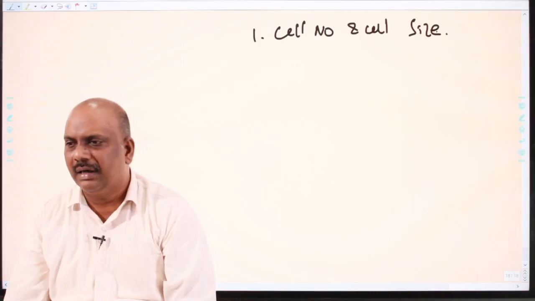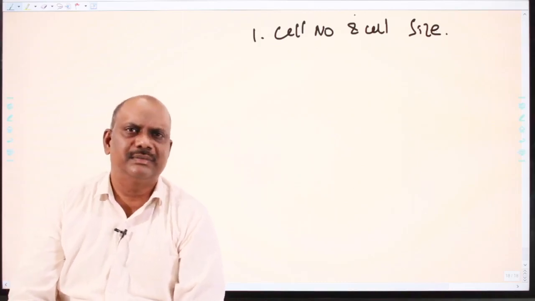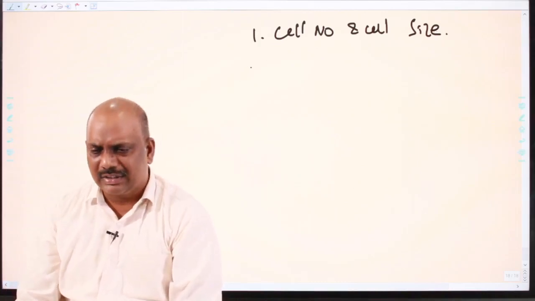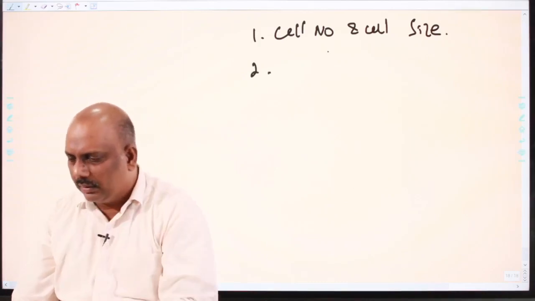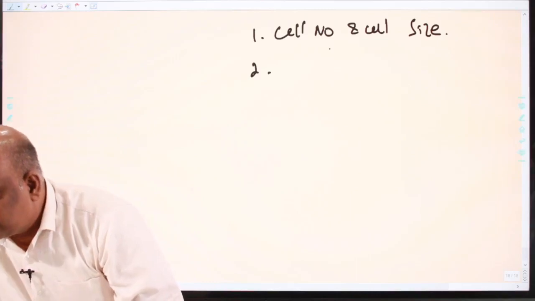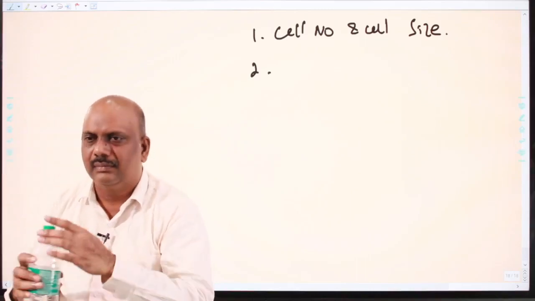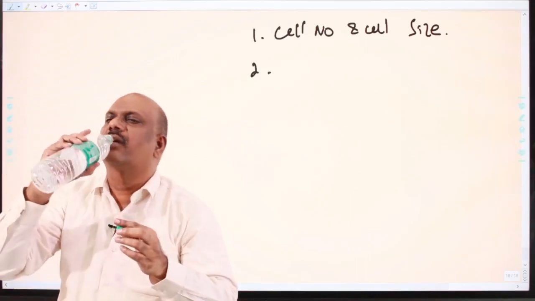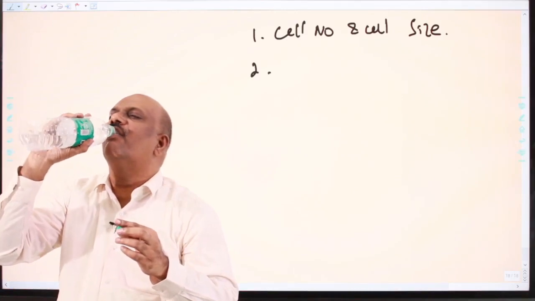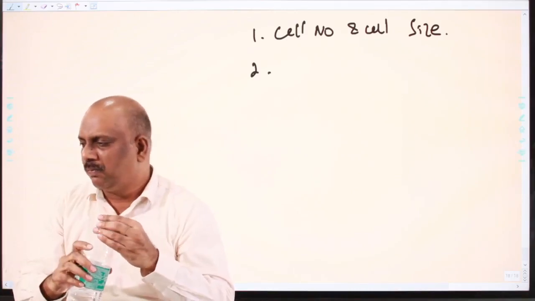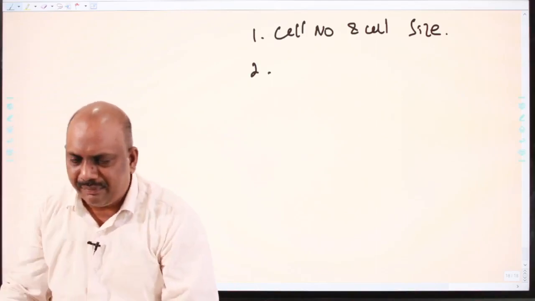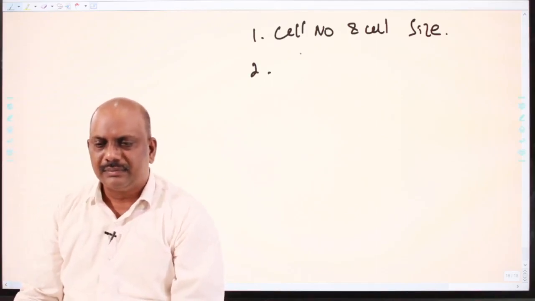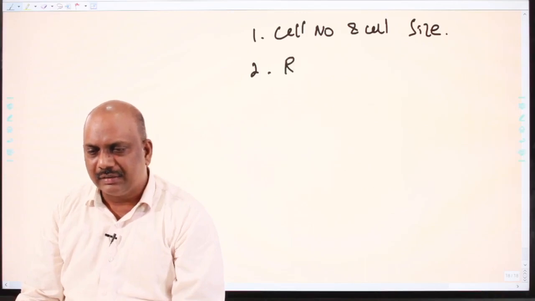Cell number and cell size. Next is regionalization.